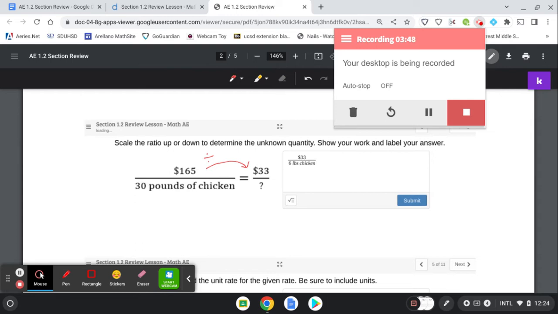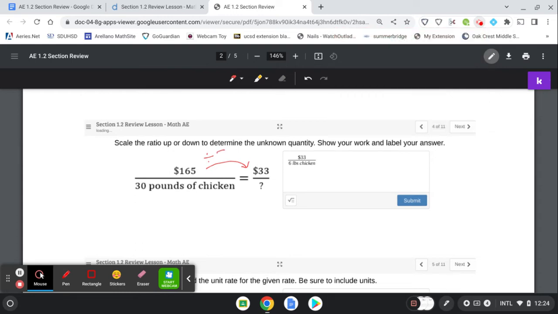So if you divide 165 by 5, that would give you 33. So divide 30 by 5, and that would be 6. So it'd be $33 for 6 pounds of chicken.